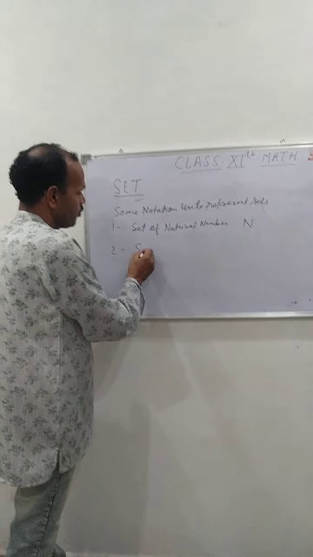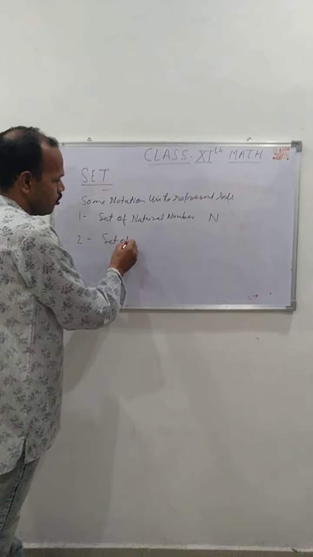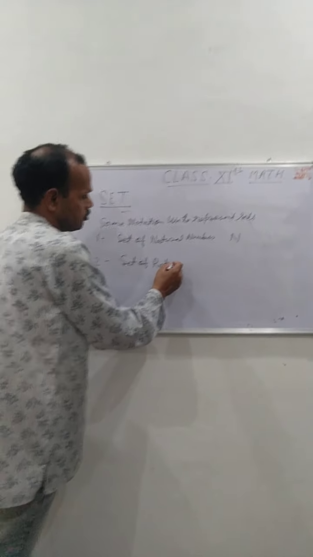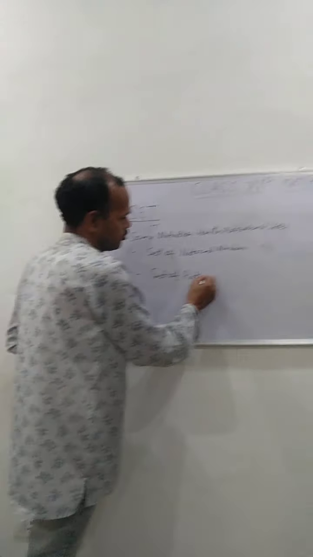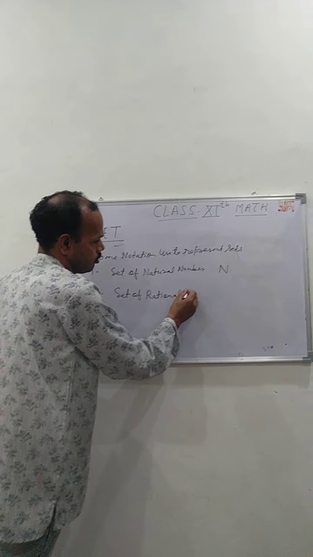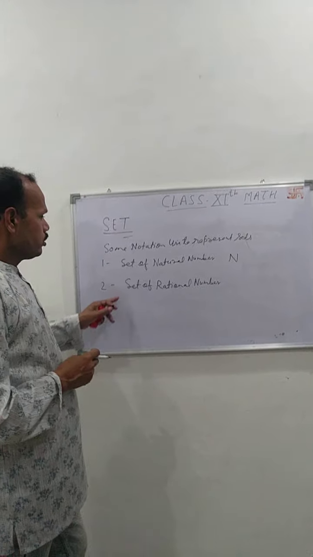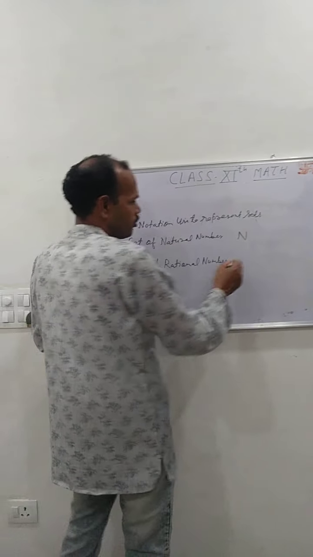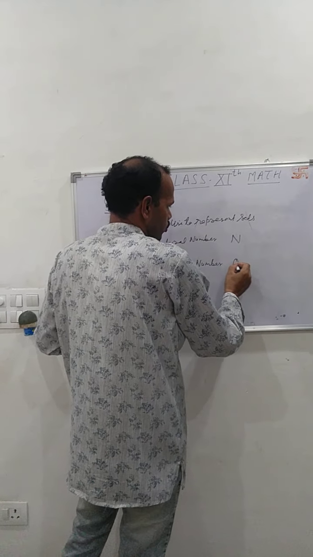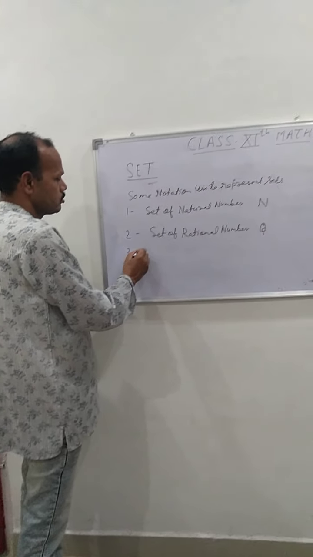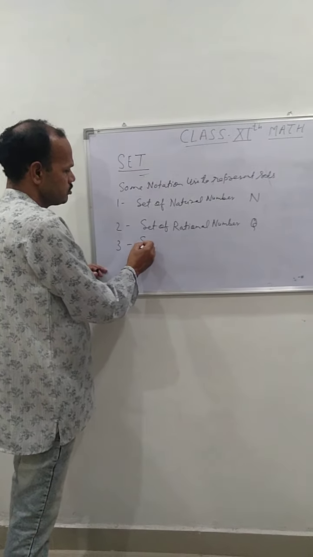Number 2, set of rational numbers. It is denoted by the symbol Q. Number 3, set of integers.